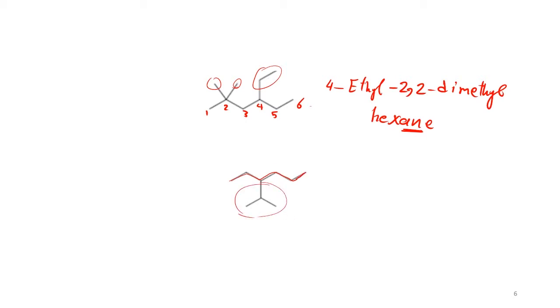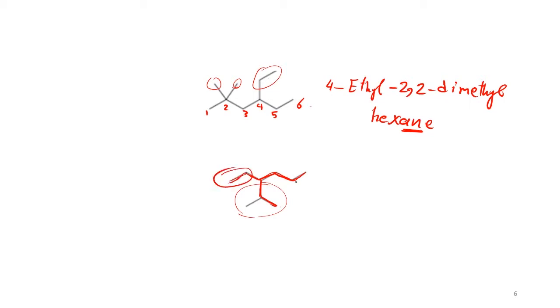But if I look at this structure from that point of view, I have a parent chain with the same carbon atoms. So I have here 1, 2, 3, 4, 5, 6, and here I have 1, 2, 3, 4, 5, 6. You have to remember, if both parent chains have the same number of carbon atoms, I would use the one with more branched side chains.